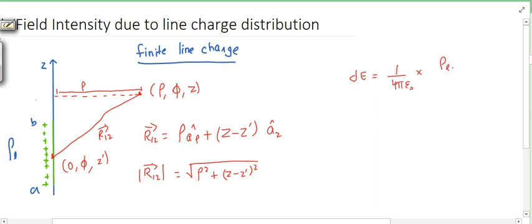It will be rho L dl for line charge, divided by r12 magnitude cube, in the direction of the r12 vector. This is the formula due to this small line charge. So if I have to find the whole electric field for the whole line charge, I have to integrate this on both sides.